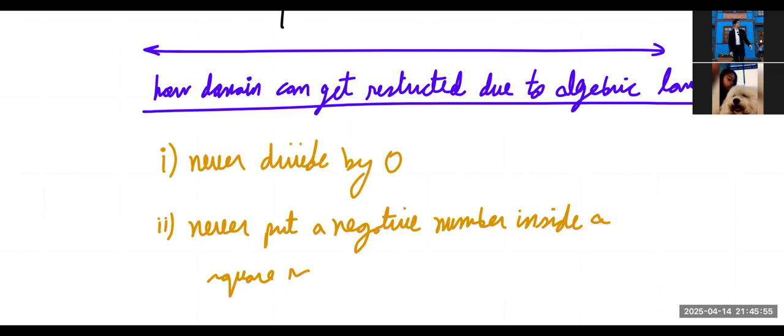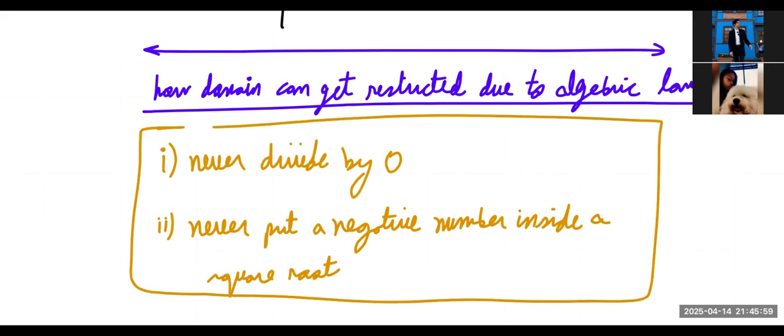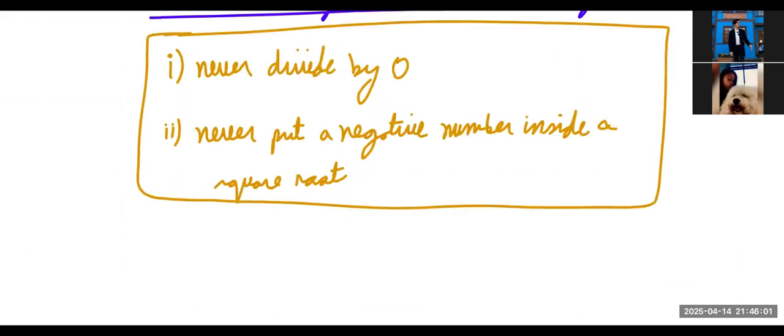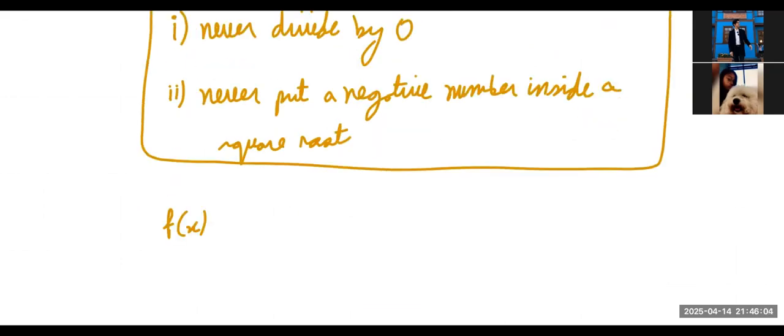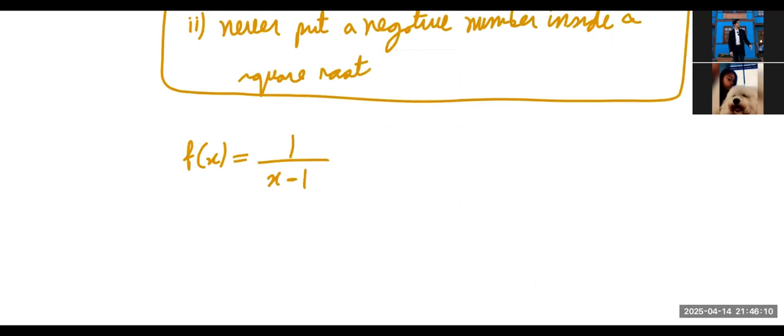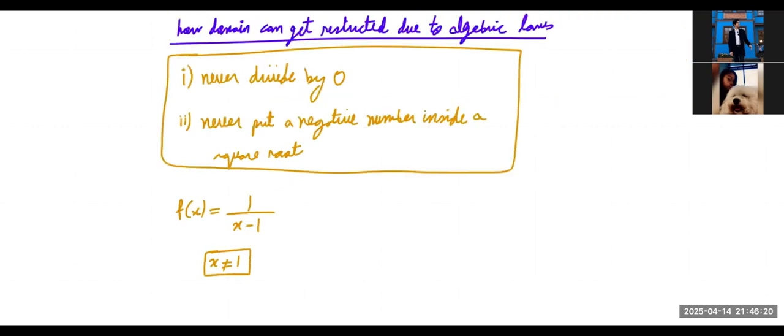So you cannot do both of these things, okay? So always stay on the lookout for these two. What do I mean? For example, let's make a function 1 over x minus 1. Do you agree that x can be anything it wants, but x absolutely cannot be 1? Why do you think that is? Why can x not be 1?